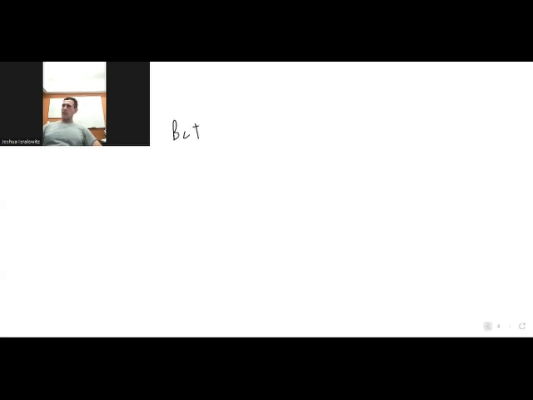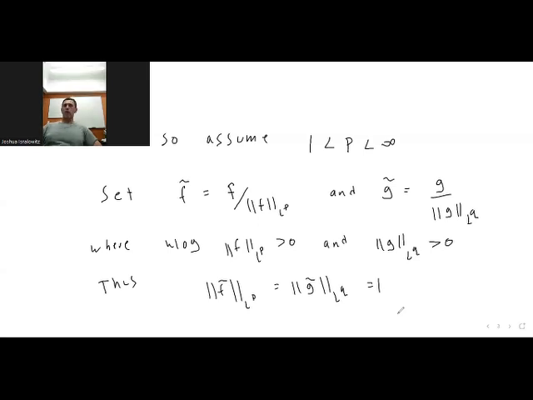So the clever thing, and what most authors mean by without loss of generality, is to assume the norm of f and the norm of g are 1. We're really going to work with these functions, f tilde and g tilde, that both have norm 1.